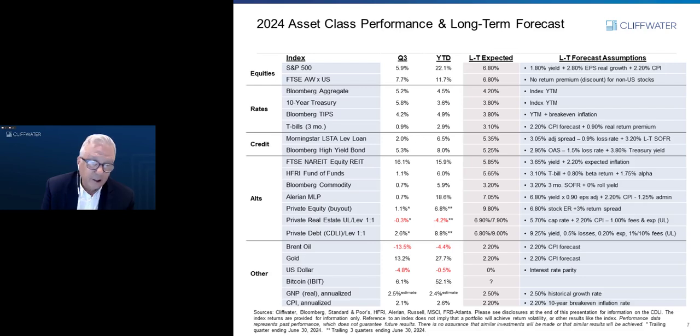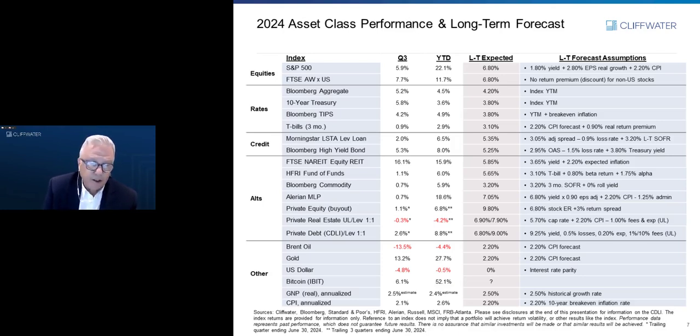Real estate still struggling, down for the quarter and down for the year to date. These are unlevered numbers we're showing here. And private debt, again, chugging along at its coupon level, 2.6% for the quarter, 8.8% for the year.